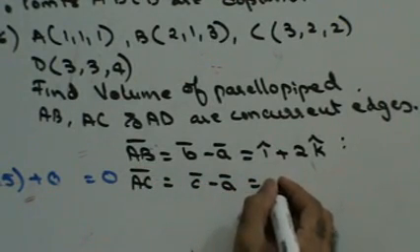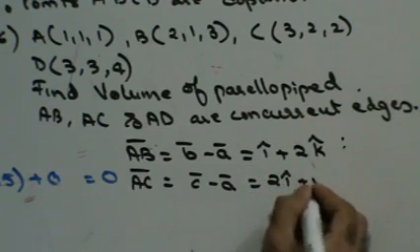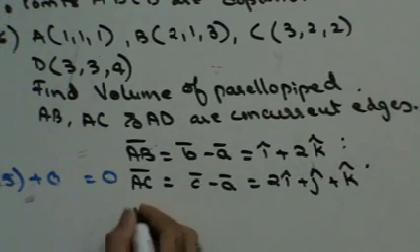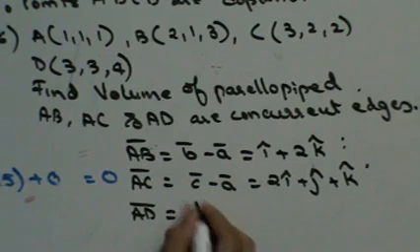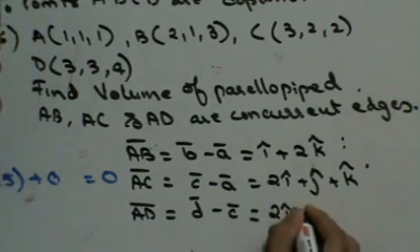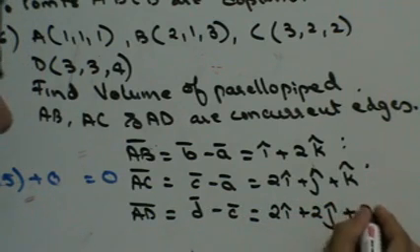That is 3 minus 1, 2I. 2 minus 1, plus J, 2 minus 1, plus K vector. AD vector is D vector minus A vector. 3 minus 1, 2I, 3 minus 1, 2J, 4 minus 1, 3K.